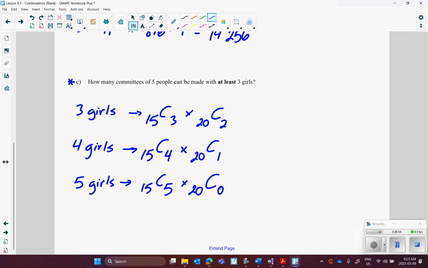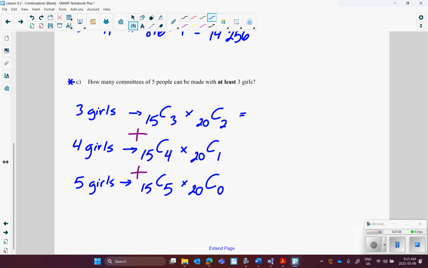So it could be 3 girls, which I find by multiplying these 2 combinations, 4 girls by multiplying these 2 combinations, 5 girls multiplying those 2, and then it could be this, or this, or this, which means I add these. So I'm multiplying for each scenario, but then to find the total number of scenarios, I add the different scenarios.